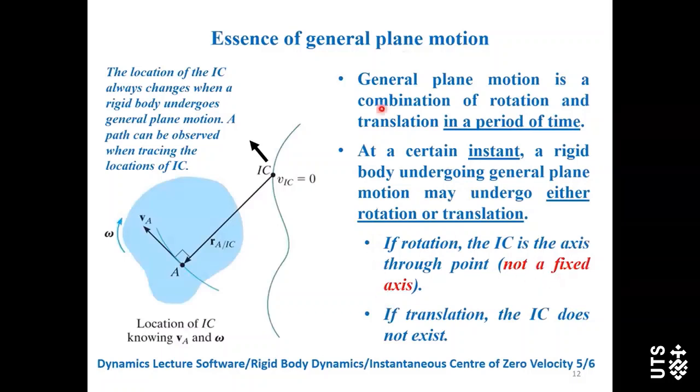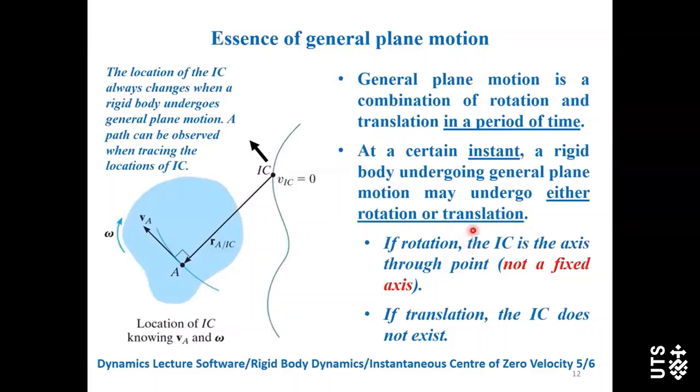We already know general plane motion is a combination of rotation and translation in a period of time. A period of time consists of indefinite instants. At a certain instant, the rigid body may undergo either rotation or translation.